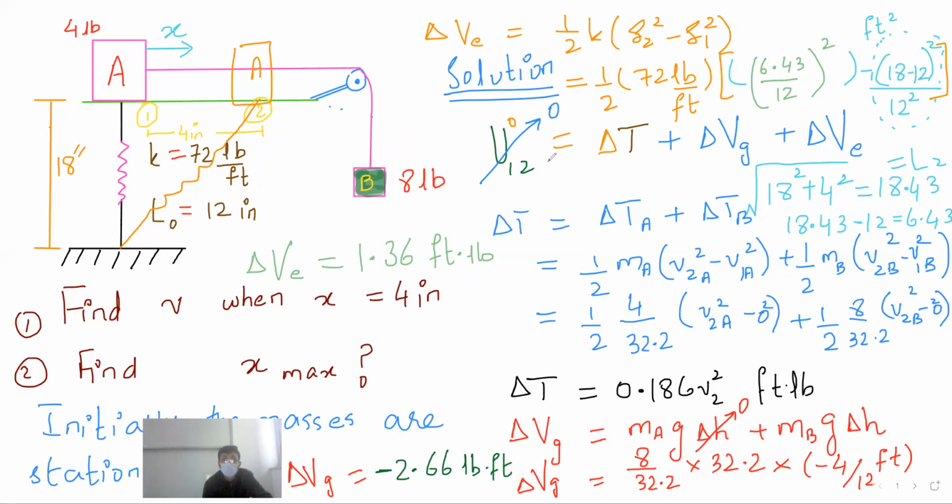My final equation becomes 0. Go back. 0 equal to delta T. Delta T you told me as 0.186. V2A is equal to V2B.